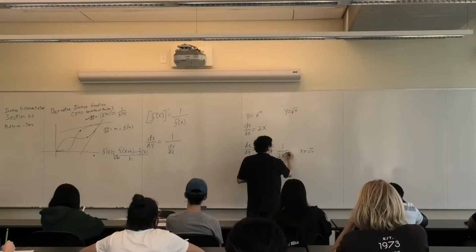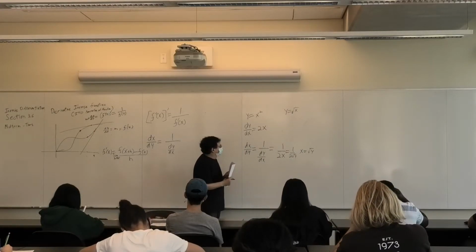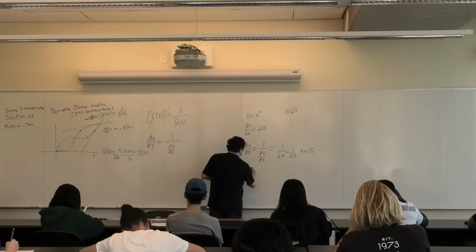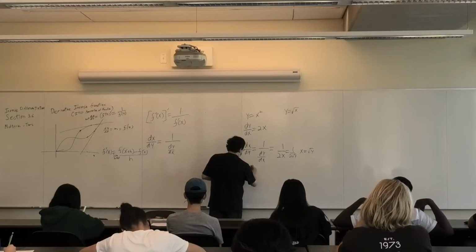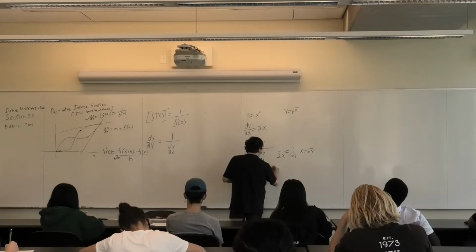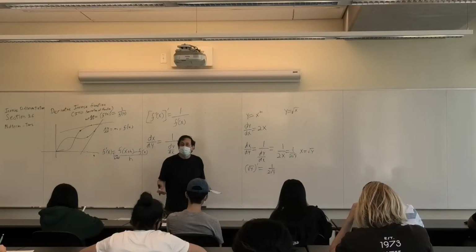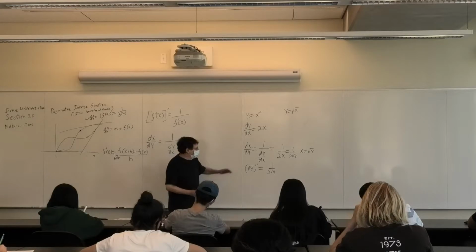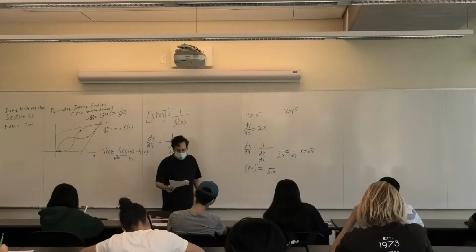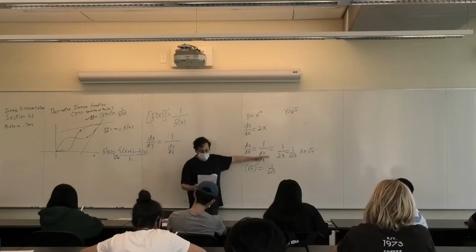So this is equal to 1 over 2 square root of y. That is the derivative of the square root of y, which we already know from the power rule. But you can see this is one way to get the derivative of an inverse function. This was not very useful though, because we already knew it.